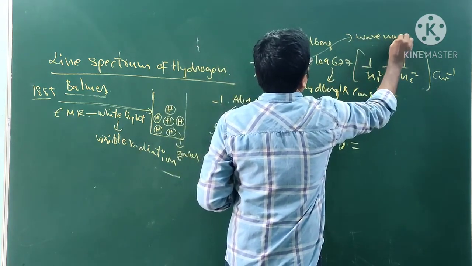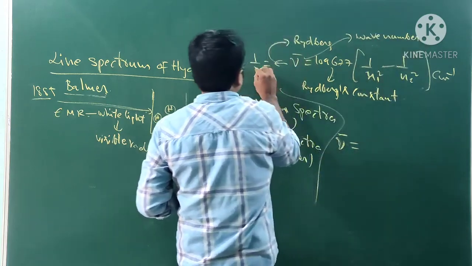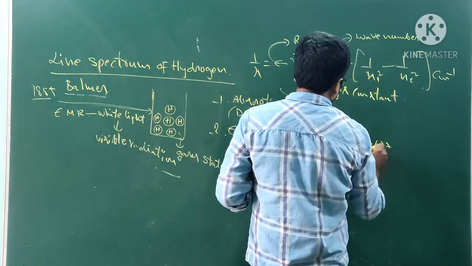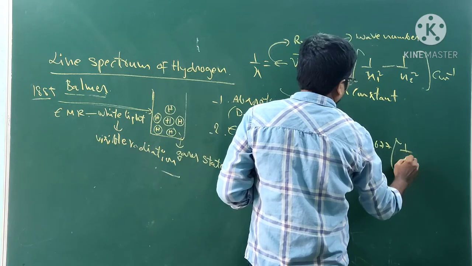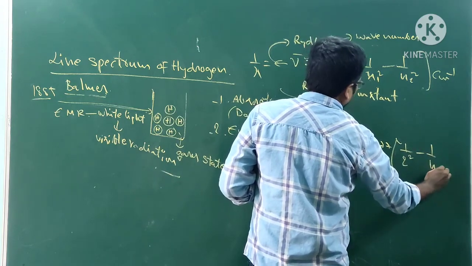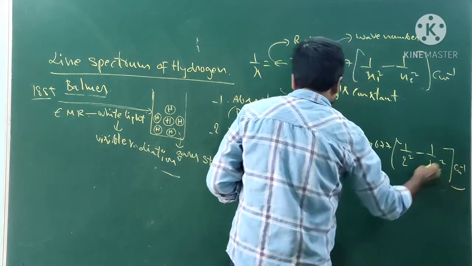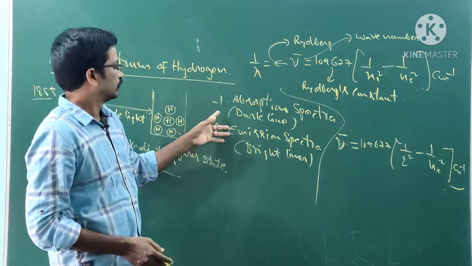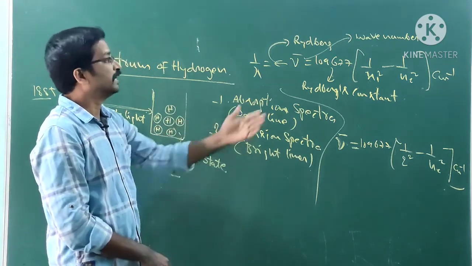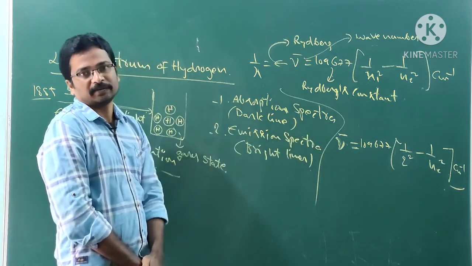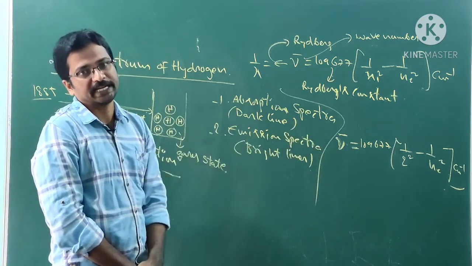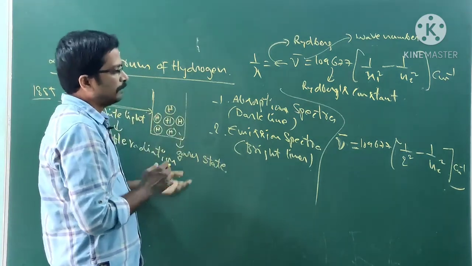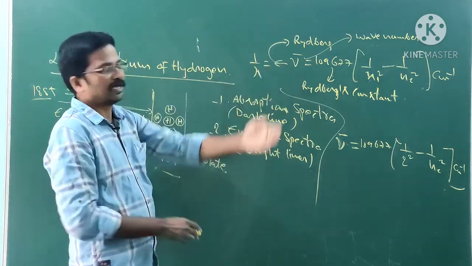Nu bar is equal to 109,677 [1/2² minus 1/n2²]. He can explain these two sets of experimental data by using this formula. Balmer is the first scientist who could explain his practical results by using this formula.